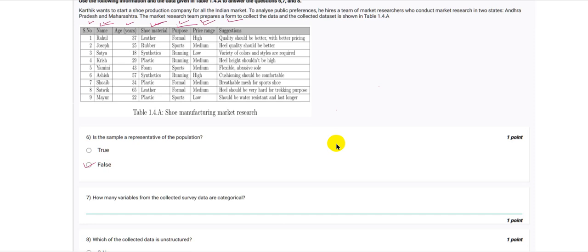We can see here there is a definite order, high, medium, low, like this. And suggestion is unstructured data, as there is no definite order. So the total categorical variables are name, shoe material, purpose, and price range. So total 4 variables. Okay.